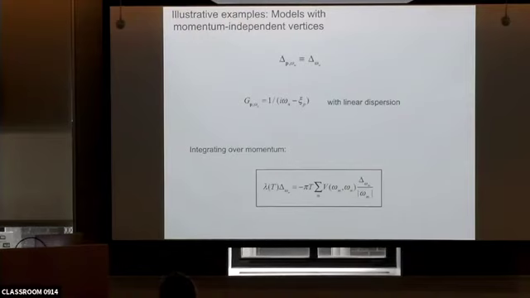And with the Green's function of the following form, with the linear dispersion, the integration over momentum in the kernel can be performed explicitly, and the bottom line is the following eigenvector, eigenvalue equation for the gap function.